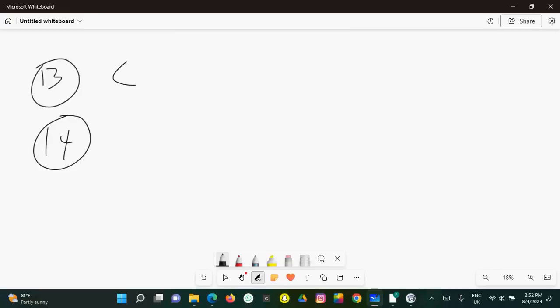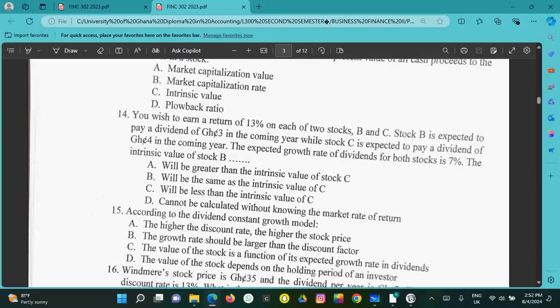14. You wish to earn a return of 13% on each of two stocks, B and C. Stock B is expected to pay a dividend of 3 cedis in the coming year, while stock C is expected to pay a dividend of 4 in the coming year.